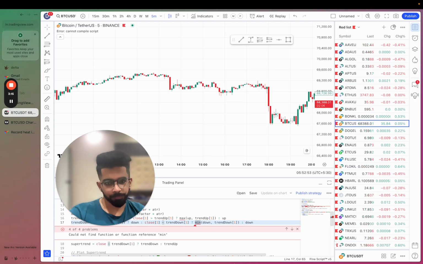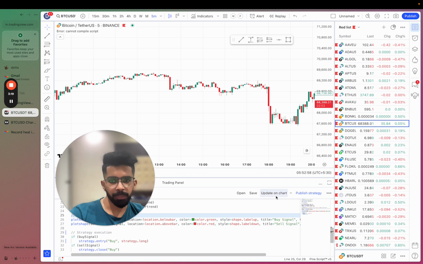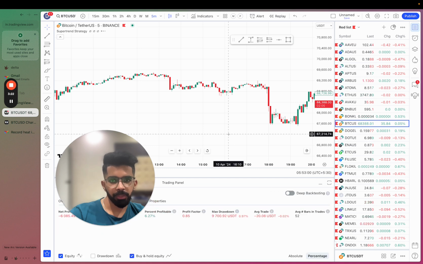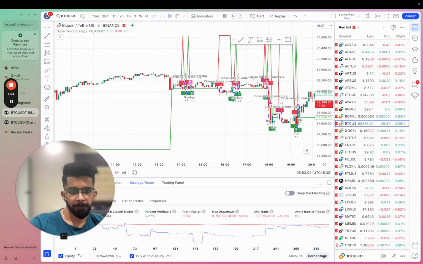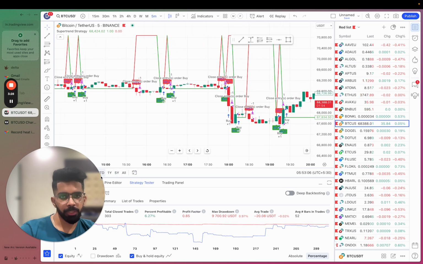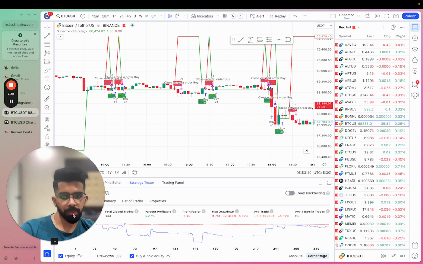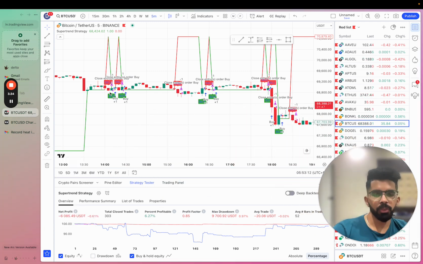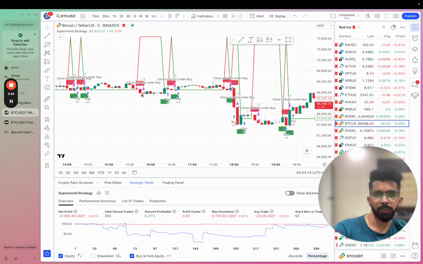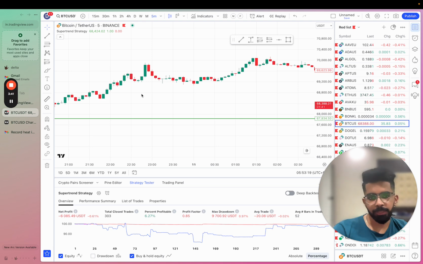Let me paste this code here so that we can get the basic super trend strategy. As you can see, the basic super trend strategy is here and it has taken entries and exits based on the super trend's buy and sell.